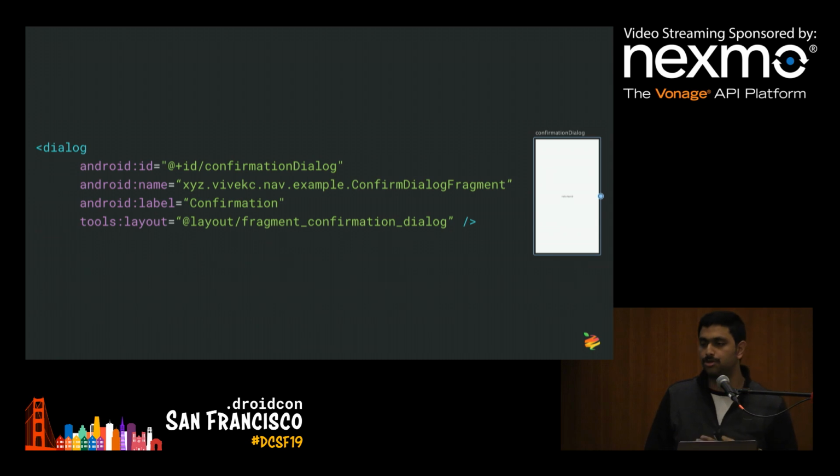So you don't have to call dialogFragment.show or dialogFragment.dismiss. It does it automatically. And since it's still a fragment, it doesn't keep it in the backstack. When you go back out of the destination, it clears the destination from the backstack.